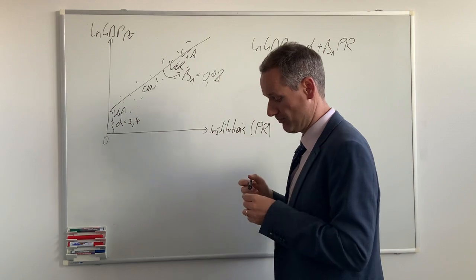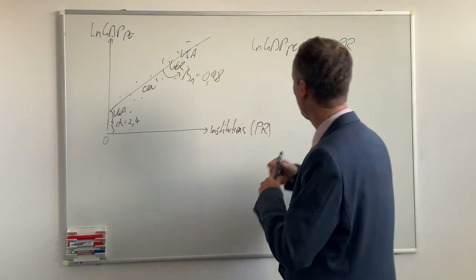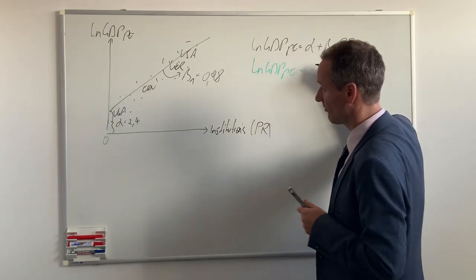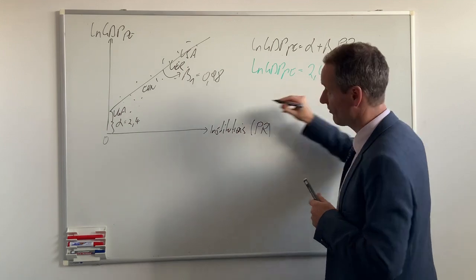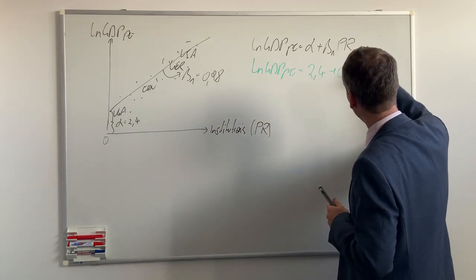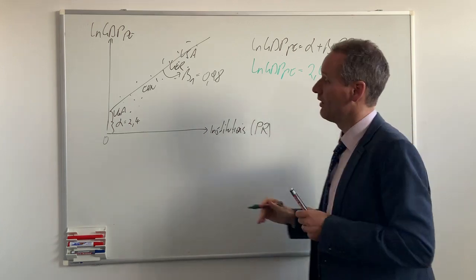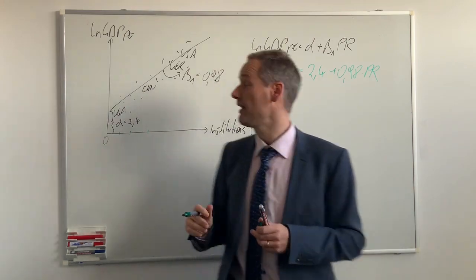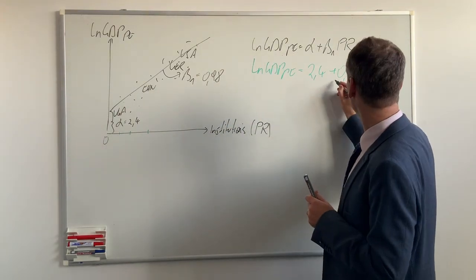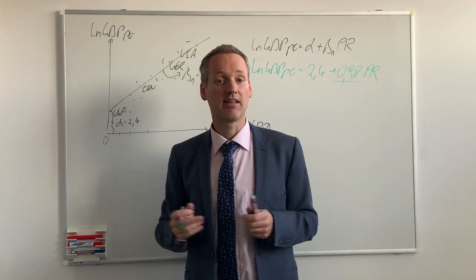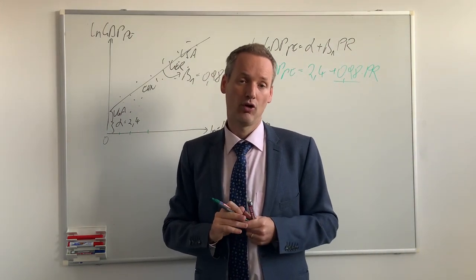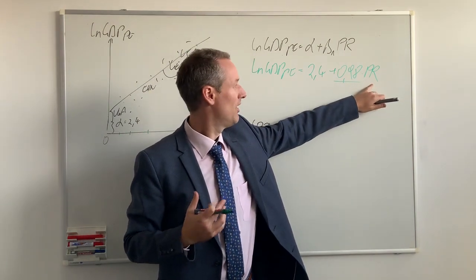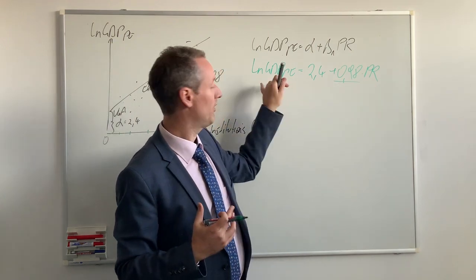Thus, I could write in this setting that ln GDP per capita equals 2.4 plus 0.98 times PR. Thus, for every unit increase in property rights, I'm getting a log GDP that is 0.98 log points higher. So I'm having this positive, let me call it for the moment, effect of higher property rights on GDP per capita.